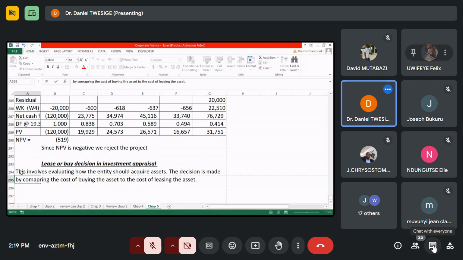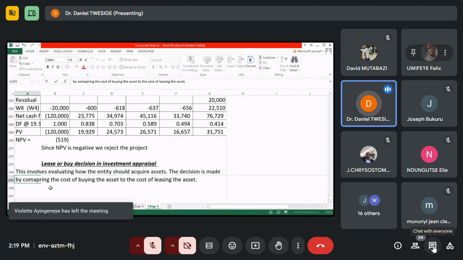Now, when you're evaluating this, what you are looking at, suppose I buy the asset, what is going to be the cost? Suppose I lease the asset, what will be the cost? Now, the important thing in your analysis is to identify the cash flows.